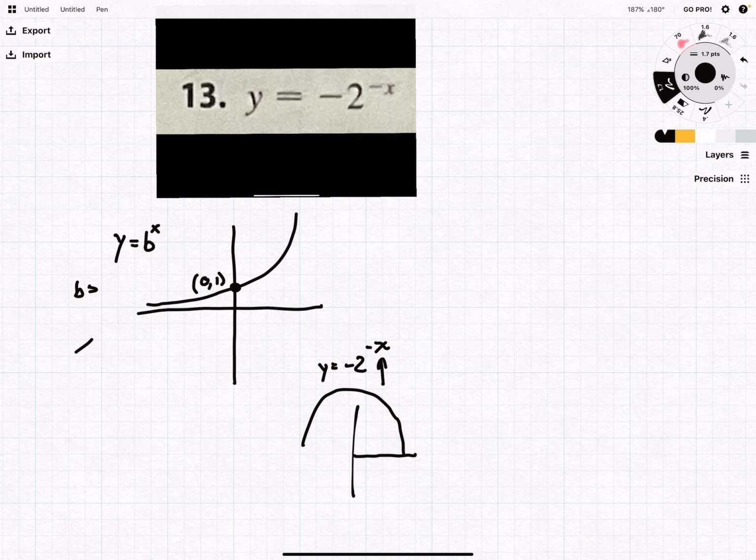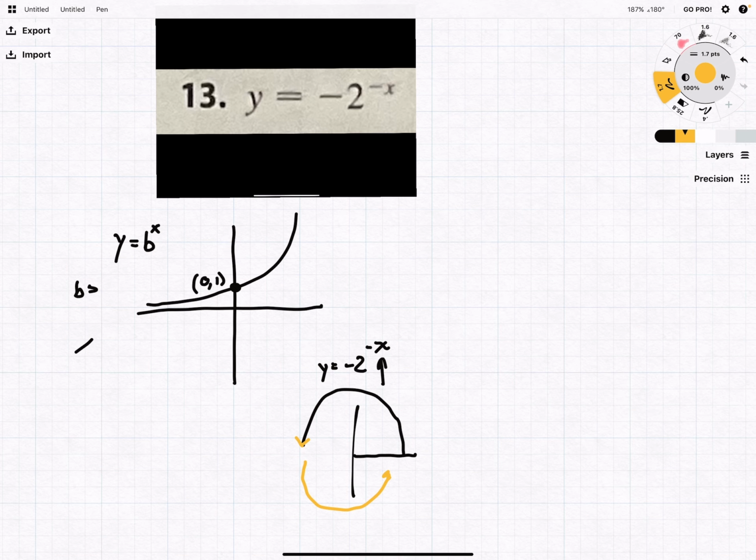If we plug in a positive x value, then this negative sign right here will just make that input negative. So what that essentially does is then negative values will become positive. So the whole graph flips about this y-axis here, okay?